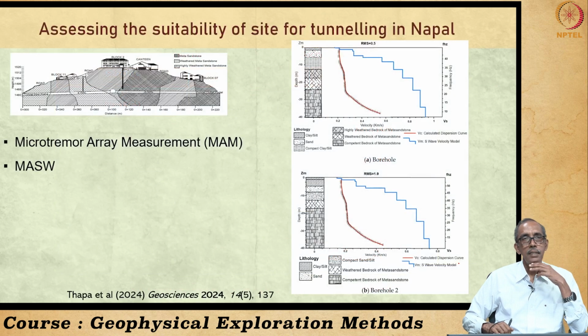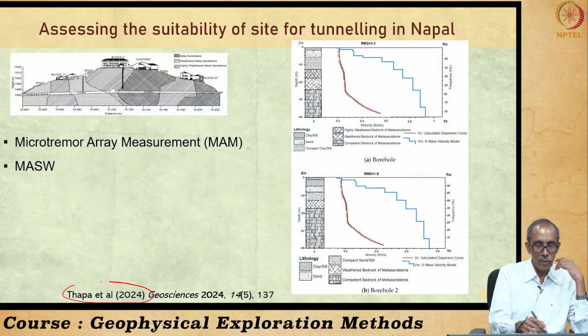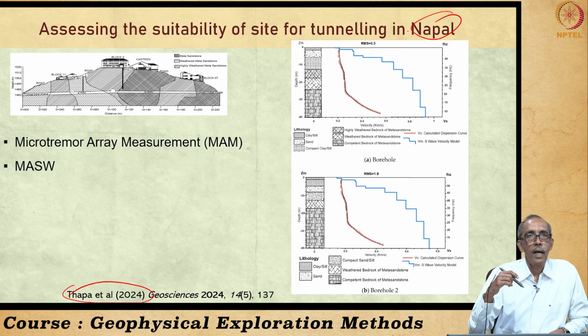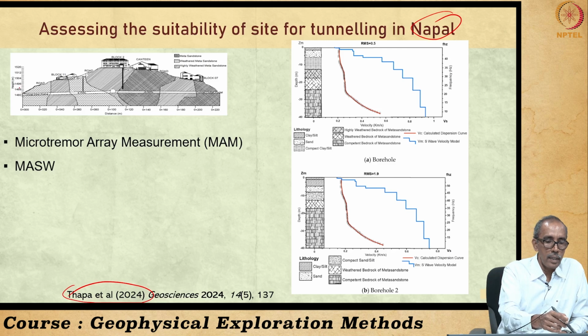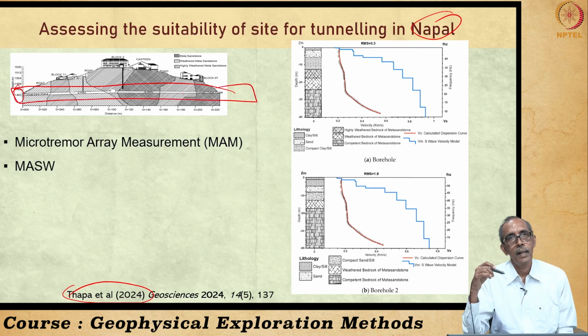Then in the last case study, researchers carried out an investigation in Nepal to understand the characteristics of rocks near the surface, about 30 to 40 meters, to see whether the site is suitable for constructing a tunnel.